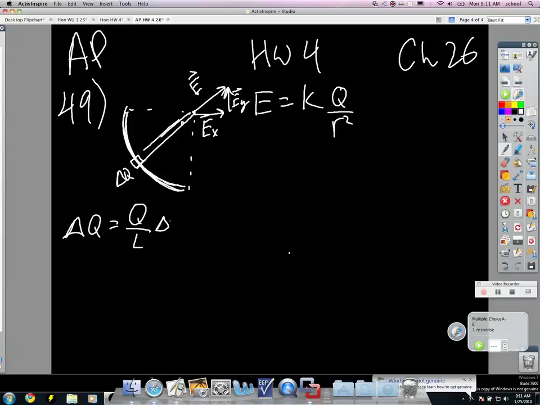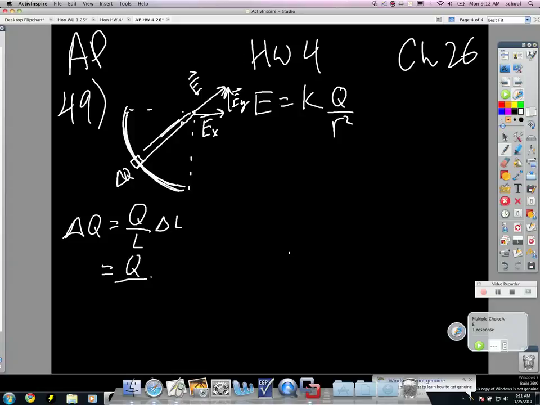Now we're going to take this through a logical progression. Do you see that this L is 2 pi r divided by 4, or pi over 2 r? Does that make sense? Because 2 pi r would be the whole thing, divided by 4 is this section.